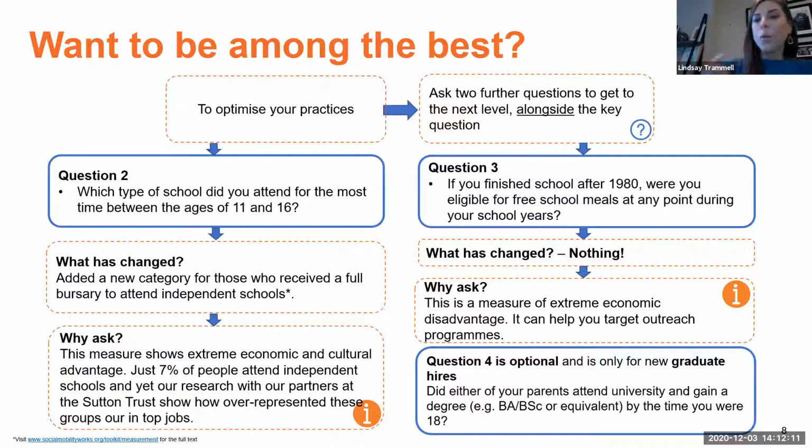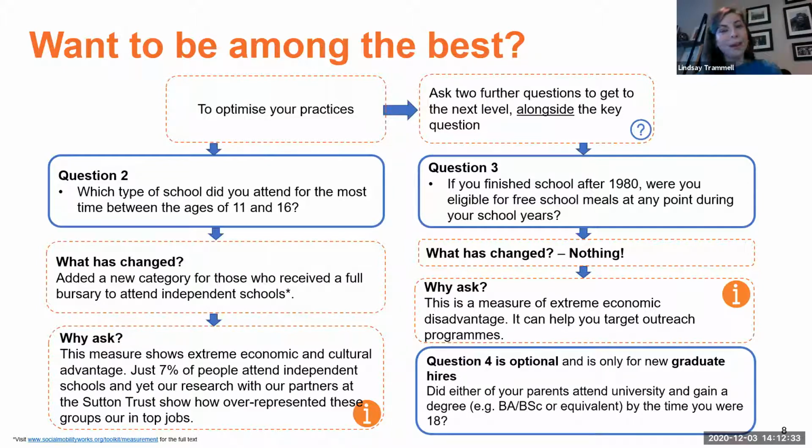Finally, we used to suggest to employers that you also ask about your person's parents' qualification. So we used to ask, what qualification did the main earner in your family receive? We have really revamped this. That measure is generally not a good measure of socioeconomic background.